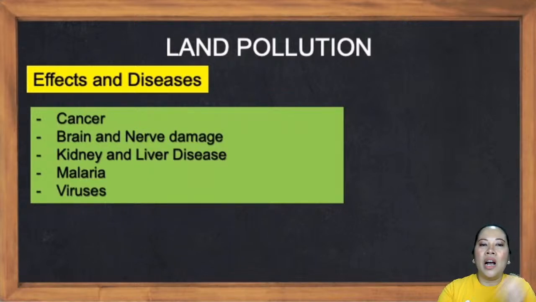Of course, our earth is made up of soil. The upper layer of our earth is your crust, which contains all your organic matters, fertilizers, and unfortunately we dump garbage on our soil, which causes our soil to be polluted.